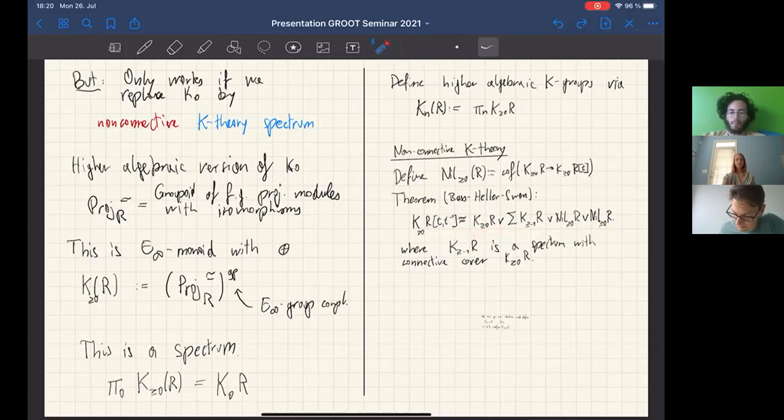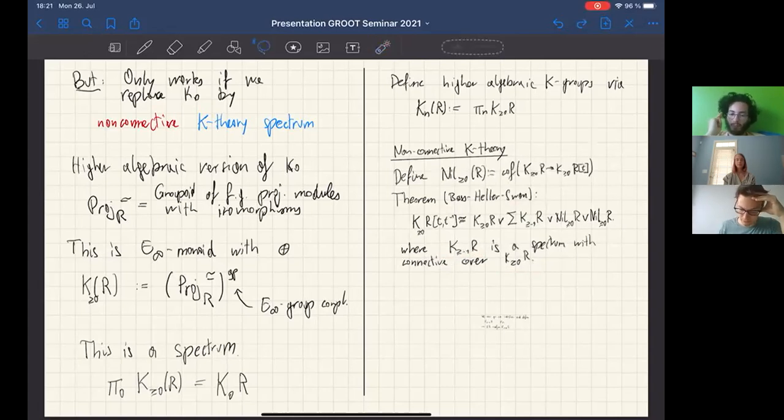And then there's 2 times the nil term appearing, basically because you can include the polynomial ring once via the variable t, but also once via the variable t inverse. And then there's a 4th term, a suspension of a spectrum that almost looks like K-theory, but has an additional term in degree -1. This K greater than or equal -1 of R is going to be a connective cover of K greater than or equal 0 of R.